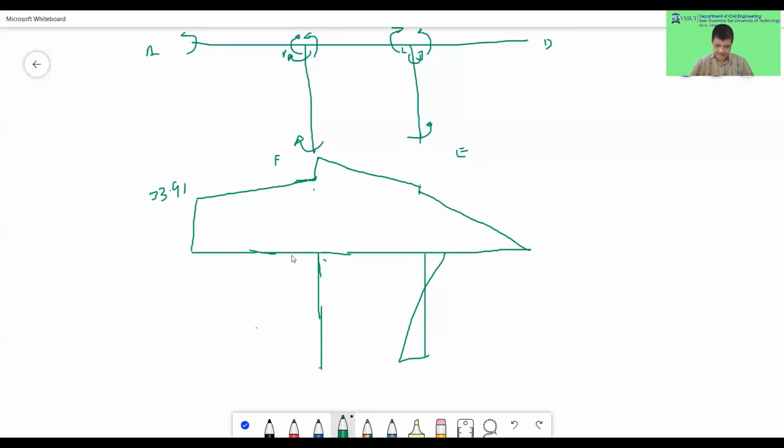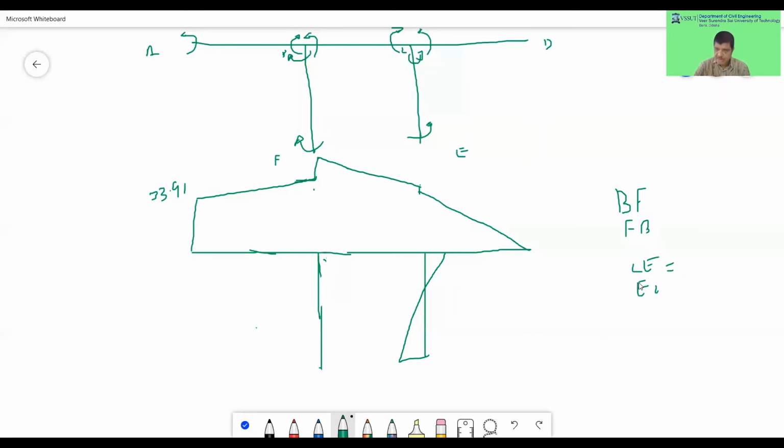So this is negative here. BF is clockwise, right? BF is at the values. We are confusing the BF, FB, CE, and EC. So what are the values? Then only we can write it.